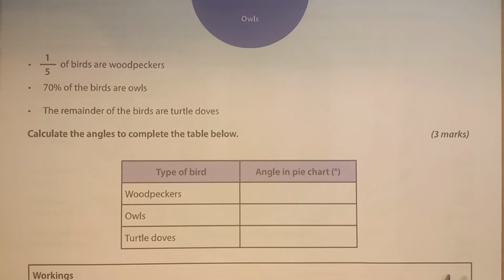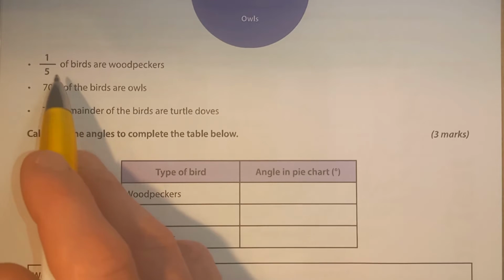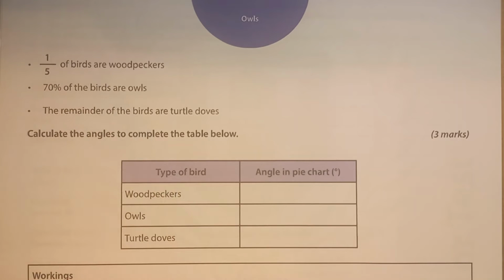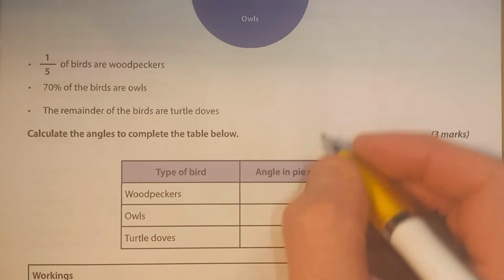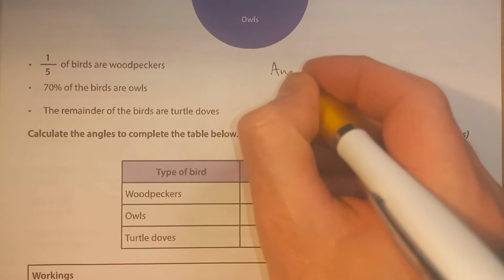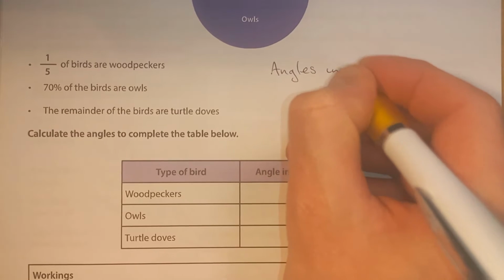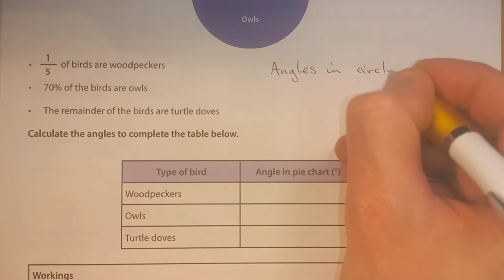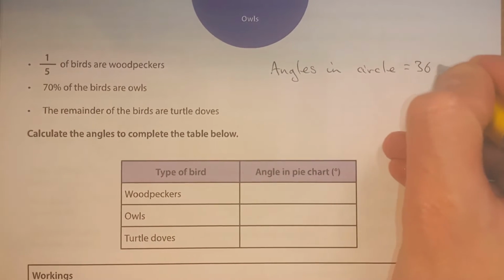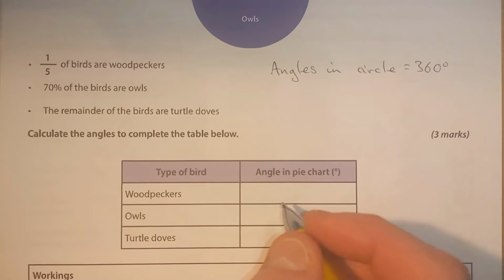Right, okay. So we've got the type of bird, woodpeckers, and the angle in the pie chart. We've got 1/5 of the birds are woodpeckers. If we're talking about angles, I know that the total number of angles in a circle is 360 degrees.